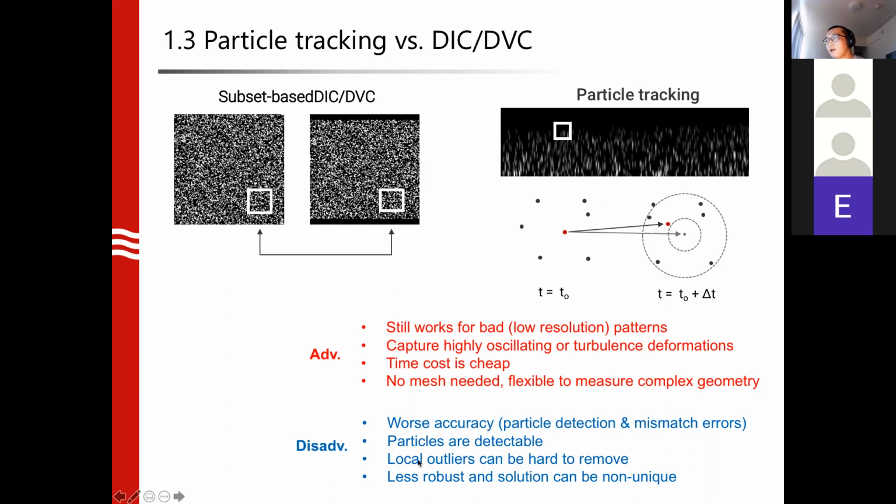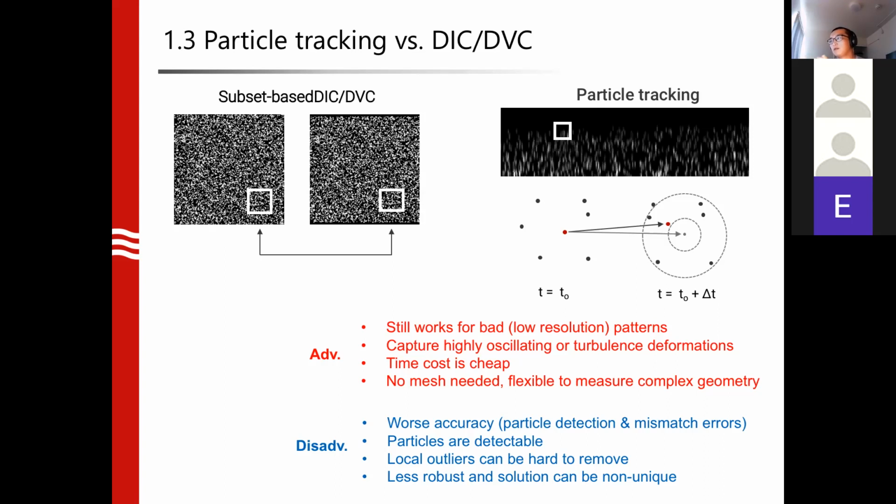Also, because you just track individual particles, there may be some local outliers. For example, a mismatch, or maybe just a few particles whose centroid is not accurate. For those outliers, particle tracking makes it harder to remove those bad points. Also, particle tracking is less robust, and the solution can be not unique, because the solution is just one-to-one.